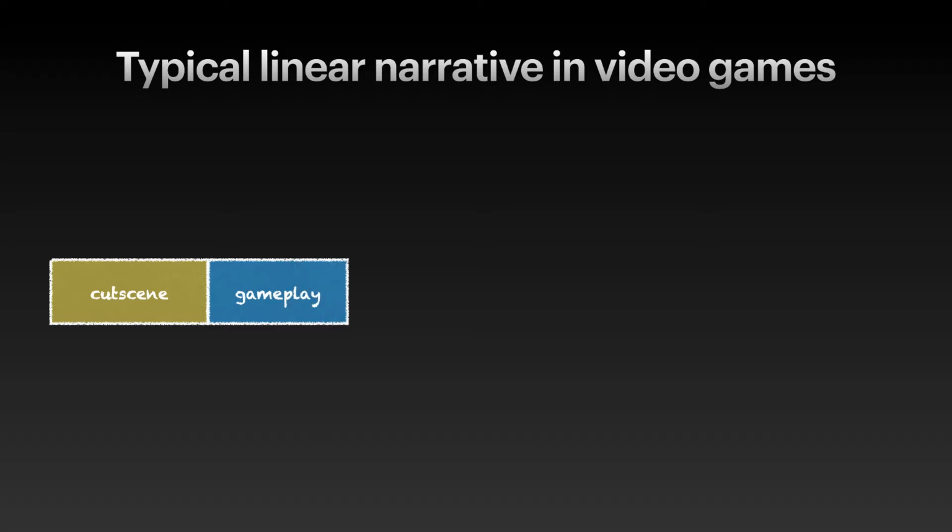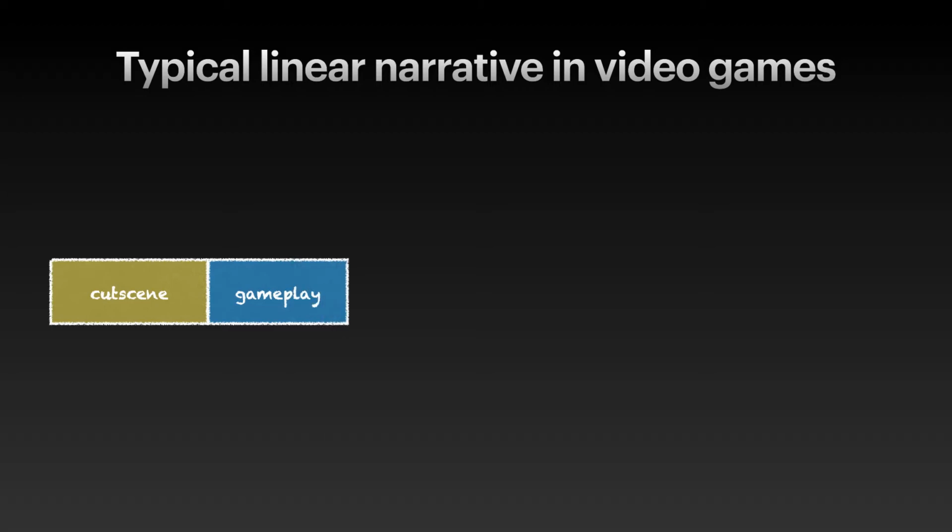Linear narratives are typical in video games. The story progresses linearly through cutscenes between the levels or environmental changes. So, in the beginning, we have a cutscene setting up the story. Once the cutscene is over, the game begins and the player can start playing.